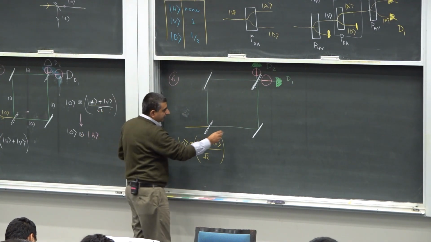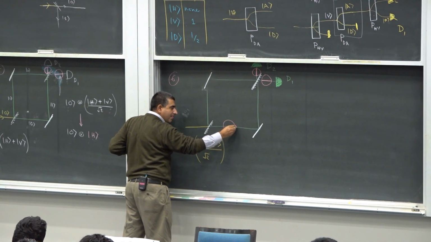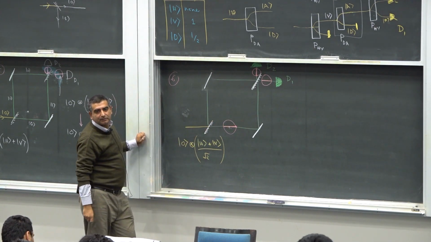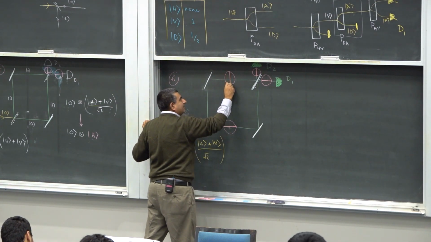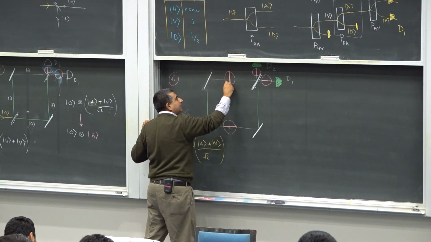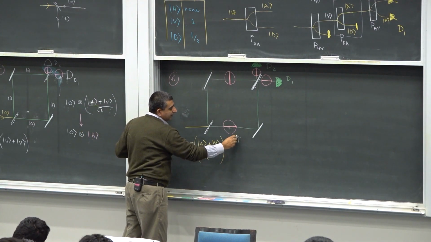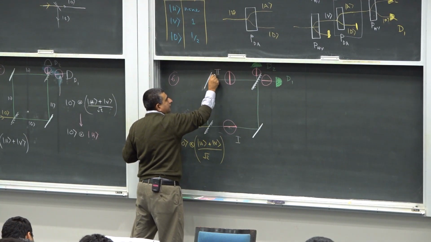I place a polarizer here which is horizontal, and I place a polarizer here which is vertical, and I have two paths. One path is labeled 1, the other path is labeled 2.